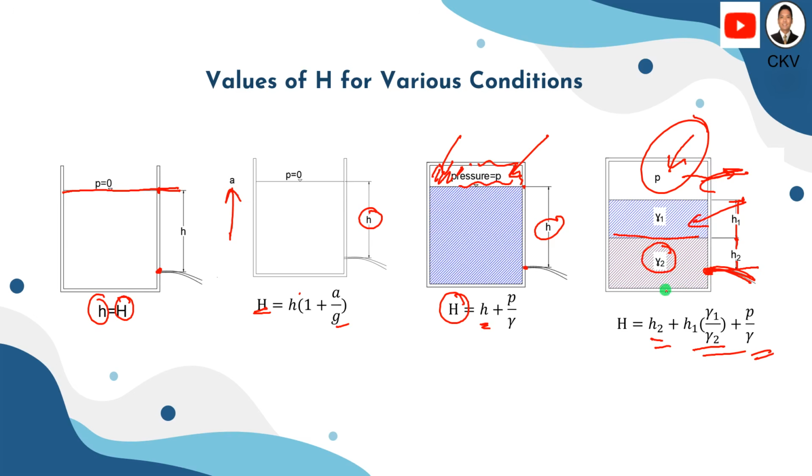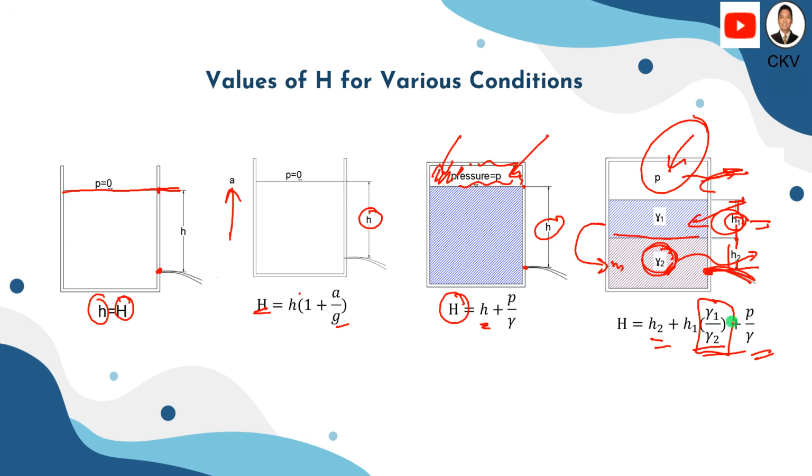If this fluid here has a unit weight of gamma 2, we have to express the head of this layer above, gamma 2, into this type of liquid. Here is our conversion factor, which is just the ratio of the unit weights: gamma 1 divided by gamma 2. This converts the head to be equivalent to the head of this liquid.